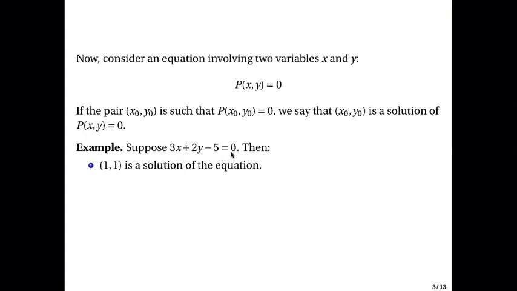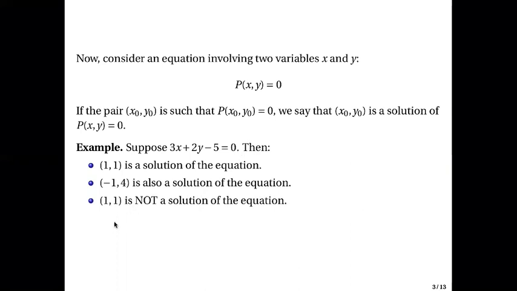Okay? Another here, negative 1 comma 4 is a solution of the equation, meaning if you replace your x with negative 1 and y with positive 4, the equation will be true. However, this is a typo here. We have negative 1 comma 1, okay?